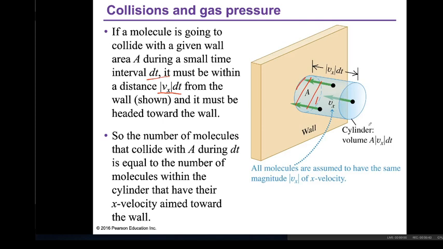The cylinder is shown here, and its volume is A Vx dt, because A is the area and Vx dt is the length. So in this volume, all the molecules which have x velocity towards the wall will hit the wall.